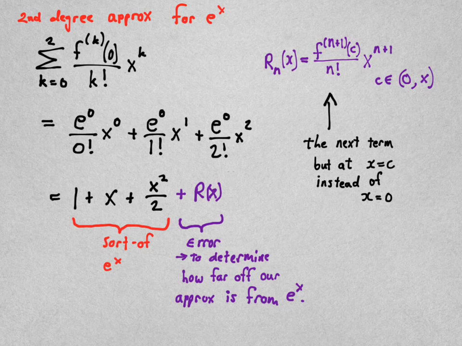Let me change that. N plus 1 factorial. Anyway, this is then the next term in the Taylor polynomial.